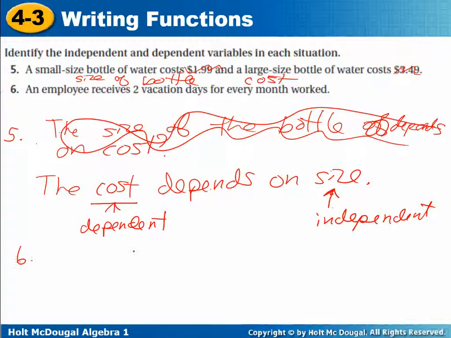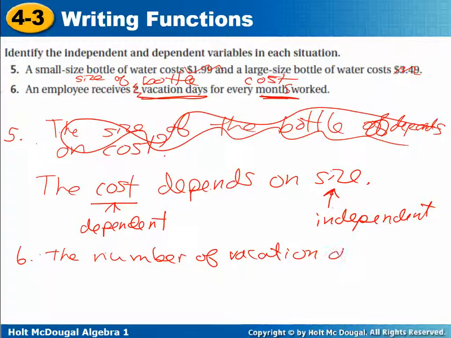Okay, number 6. An employee receives 2 vacation days for every month worked. So it doesn't matter how many vacation days, but vacation days that you get is one of our variables and the other one is months worked. So does the number of vacation days depend on how many months you worked?